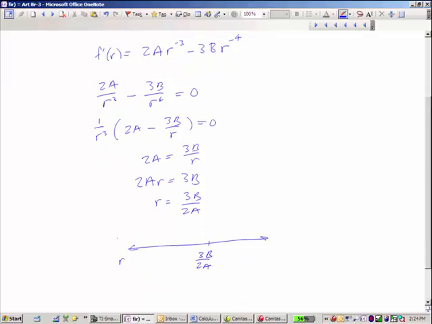Now, if we needed something bigger than 3b over 2a, what could we choose? Yeah, 6b over 2a, which is 3b over a, or you could do 2b over a. Gabby's using that same strategy, just double the denominator.